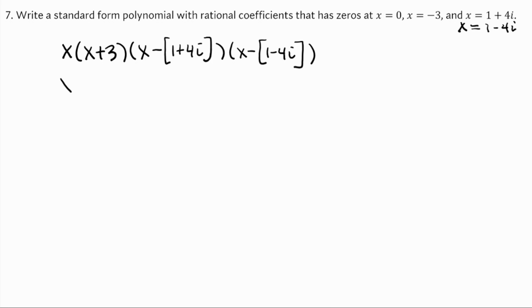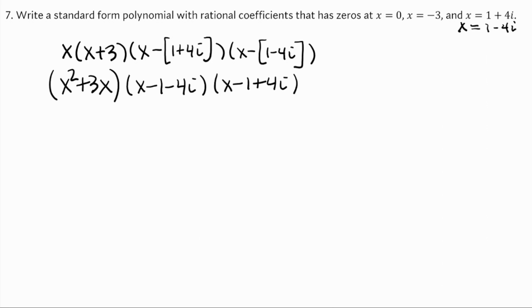Okay, the x times the x plus 3, that would be x squared plus 3x. And then the other ones, I'm going to need to do that off to the side, but maybe I'll say x minus 1 plus 4i times x minus 1 minus 4i, where I just distribute the negatives. Then I'm going to go off to the side and do that multiplication, maybe with a box.